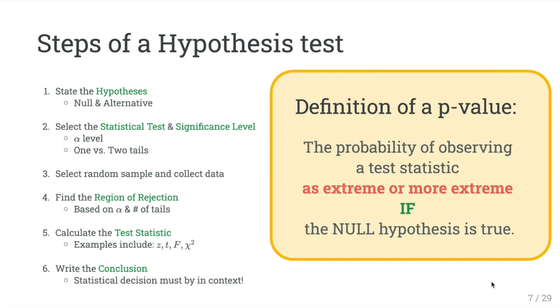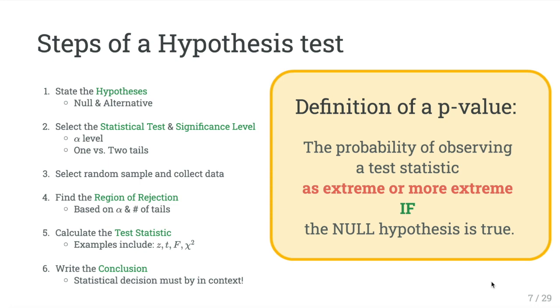In the end, when we get a test statistic, the test statistic is going to provide us with a p-value. The z is from a normal distribution, a t is from a t distribution, f from an f distribution, and chi-square from a chi-square distribution, but all of them are going to give us a p-value based on a distribution, just like what we've done with z-scores.